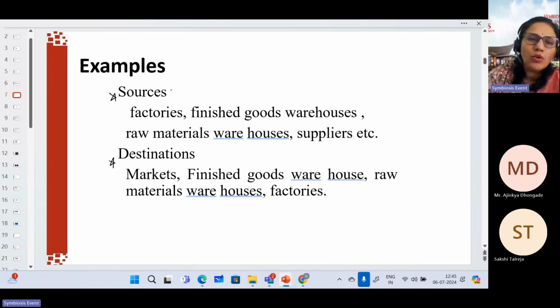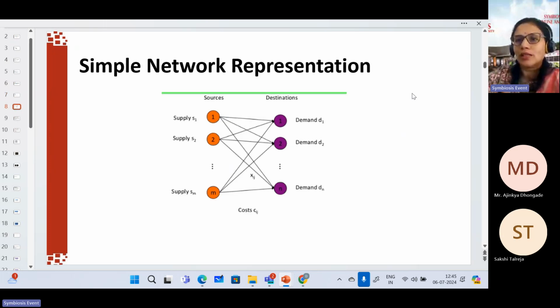Sources could be factories, warehouses, raw material warehouses, or finished goods warehouses. Destinations could be markets, finished goods warehouses, raw material warehouses, and factories. This way we understood the concept of source and destination.